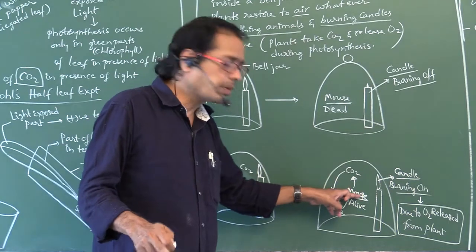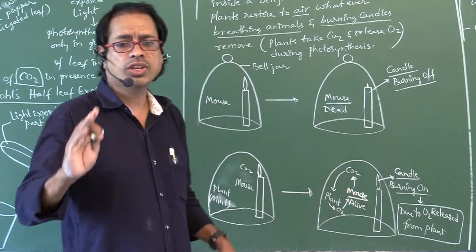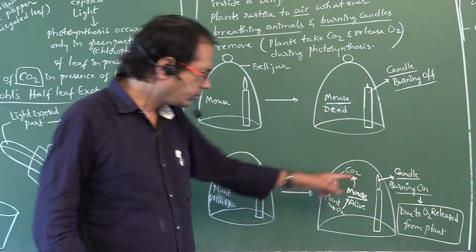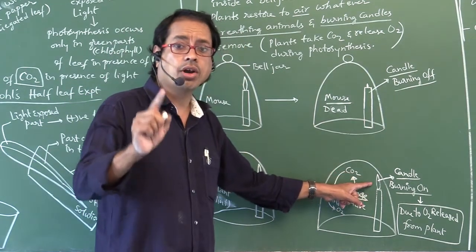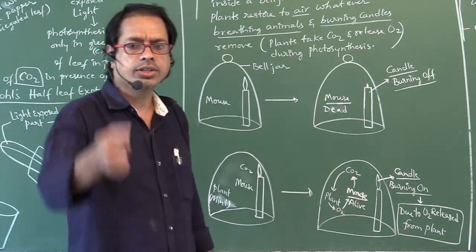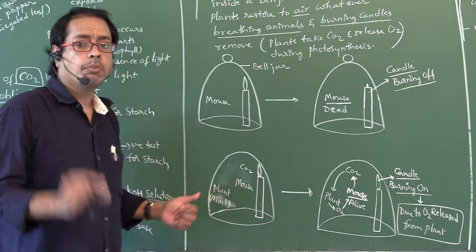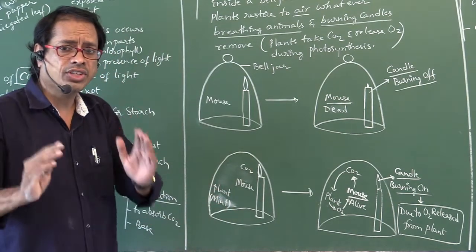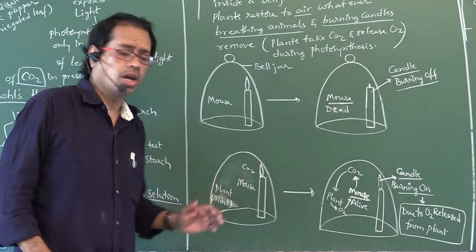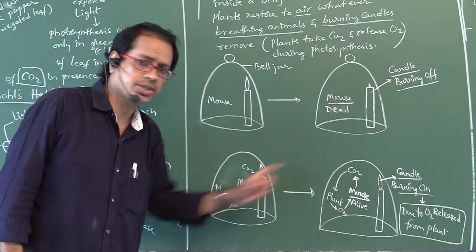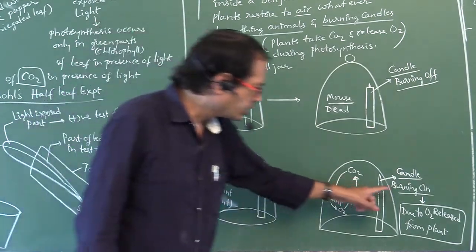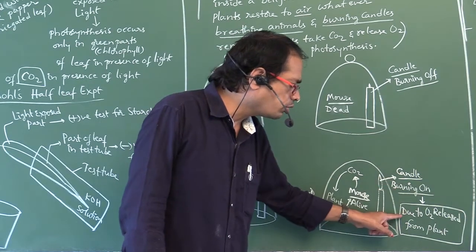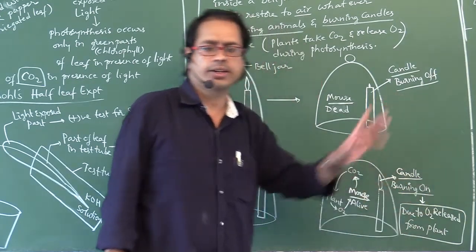That oxygen is taken by the mouse, so the mouse was still alive and the candle kept burning, because of the plant placed in the bell jar. These are all bell jars. So the candle kept burning due to O2 released from the plant.